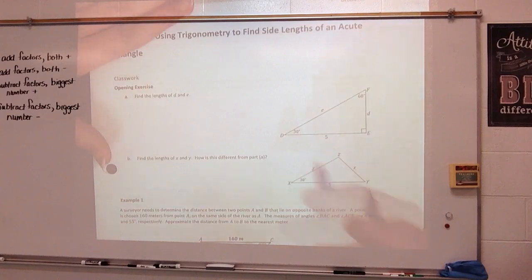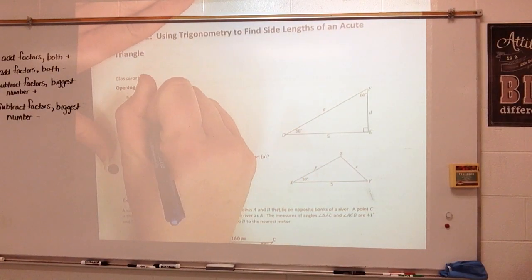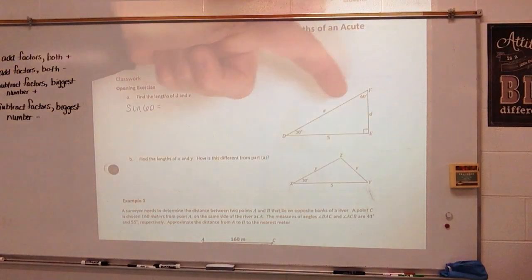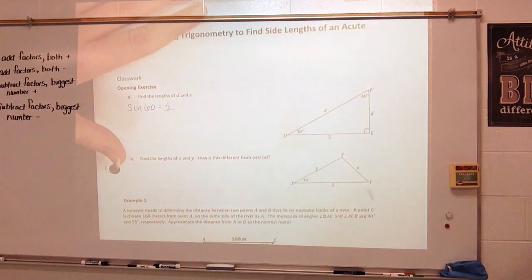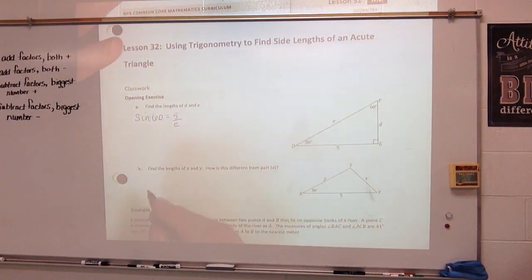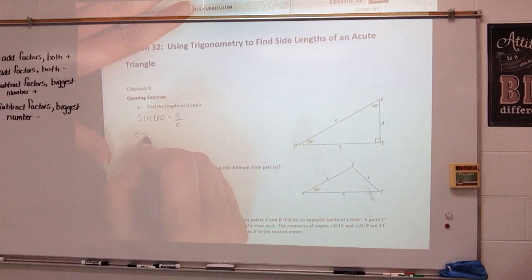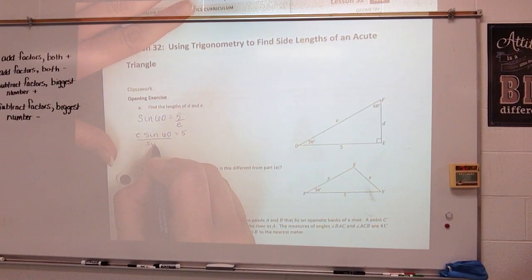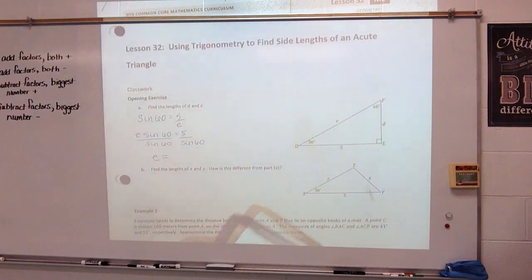So the sine of 60 is equal to opposite, which is 5, over hypotenuse, which is E. If I multiply everything by E, I end up with E sine of 60 is equal to 5. Divide by the sine of 60. So I would find E is approximately, let's get our calculator.